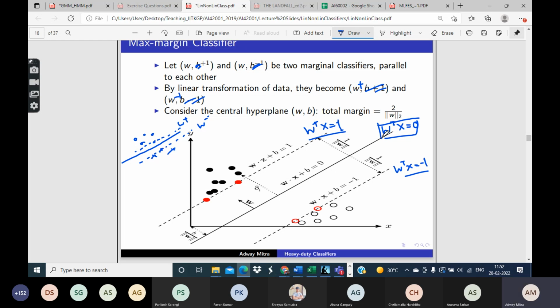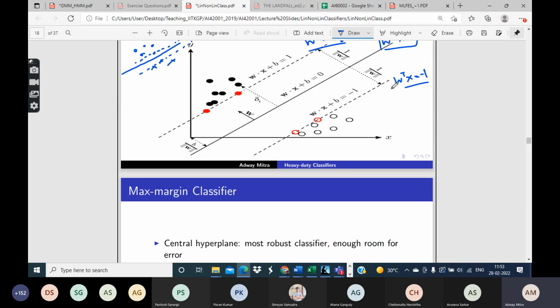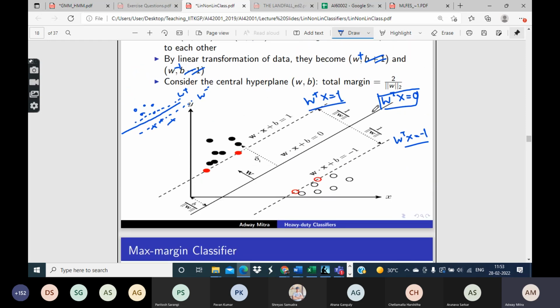Okay. But note that I do not know W as of now. I do not know the actual numerical value of W. What I will try to do is find such a W for which the margin is going to be maximized. Now, what is the margin?